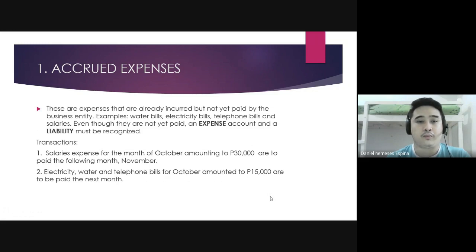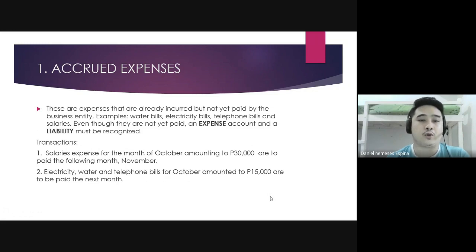So usual examples are water bills, electricity bills, even your telephone and internet, and salaries. And also even rent, rent expense.